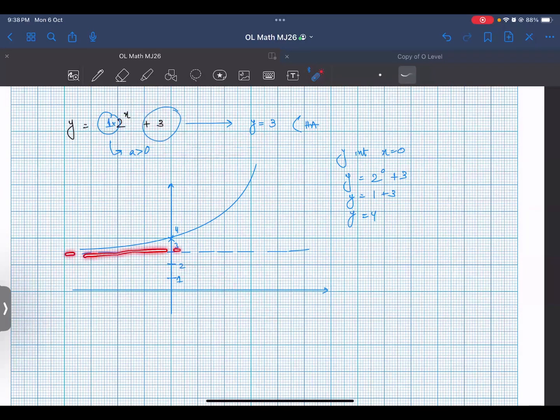The horizontal asymptote is the one which is being added outside after the exponential part, but your y-intercept will change. If it had -1 over here, this would be -1 plus 3, which would be +2. So the y-intercept would be this one, and then your graph would go like this. Okay, sir, below the horizontal asymptote.